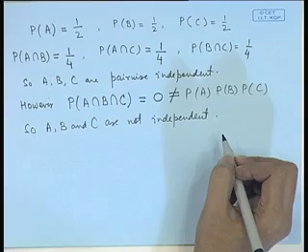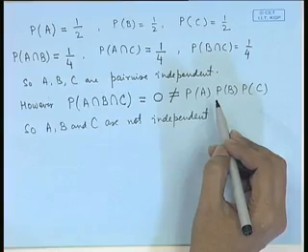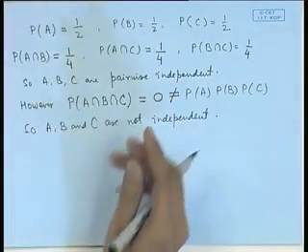Let me consider one example in which the third condition, that is the condition for simultaneous occurrence, may be true, but one of the earlier conditions may not be true.